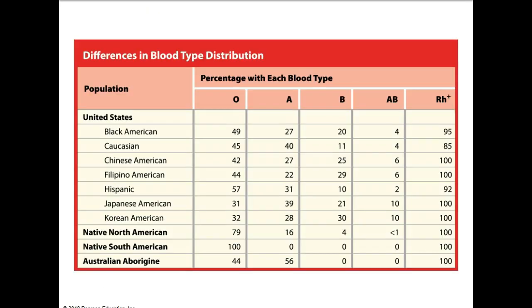Okay, here's a general breakdown of people in the United States by different races. So genetically, we have different percentages of blood types.